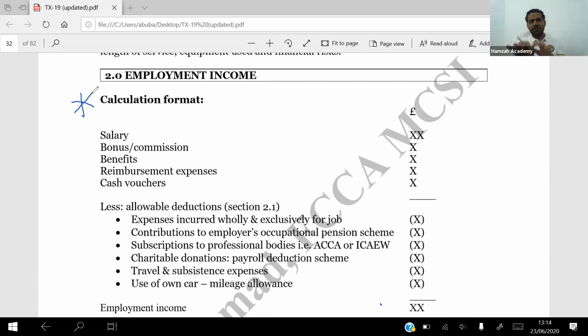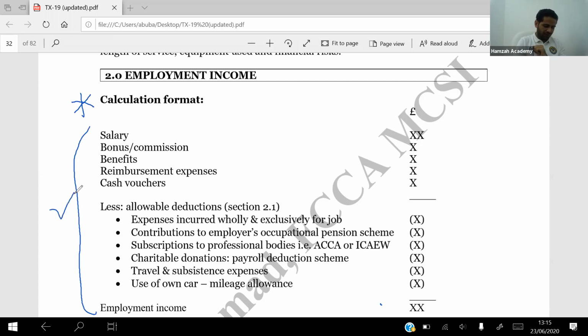This exam is computer based. So if there is a question in your exam which asks you to calculate somebody's employment income, there will be an Excel sort of portion where you can write everything. And if you know this format, you will be able to draw it quickly, put all the amounts in the relevant rows and calculate the employment income. So you should know this entire format.